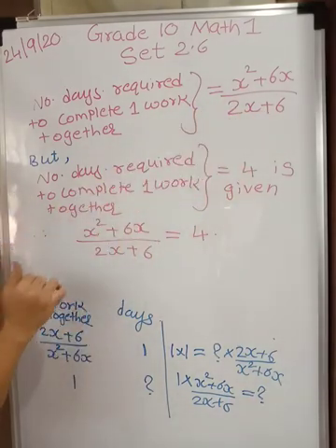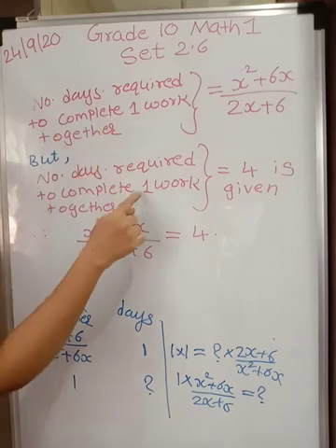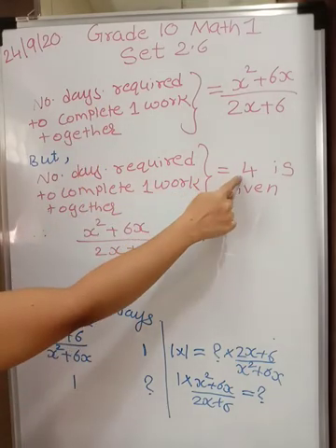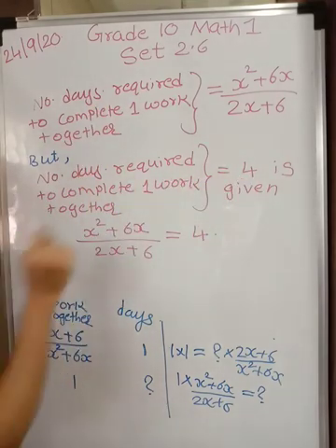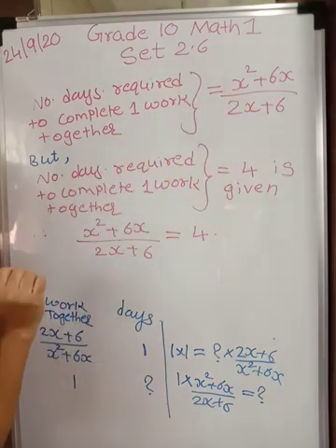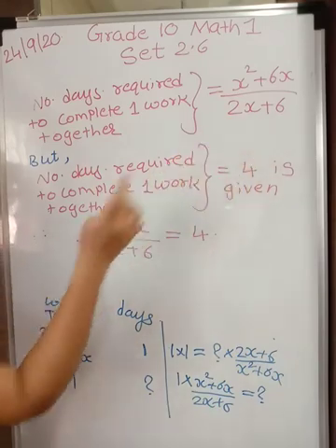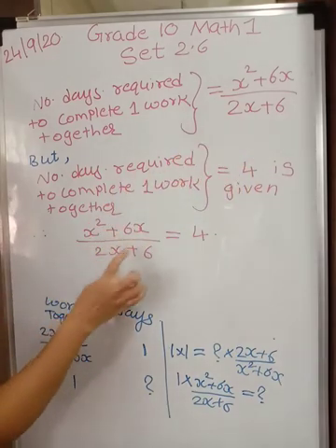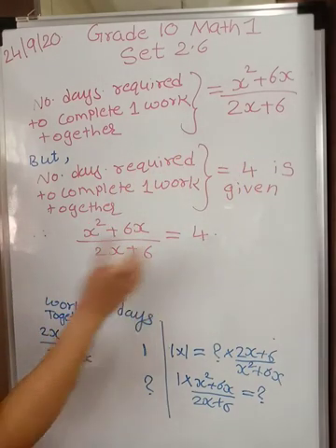But in your problem, the number of days required to complete one work together is given as 4. So 4 will be equal to this. I am equating these two. So I have (x² + 6x)/(2x + 6) is equal to 4.